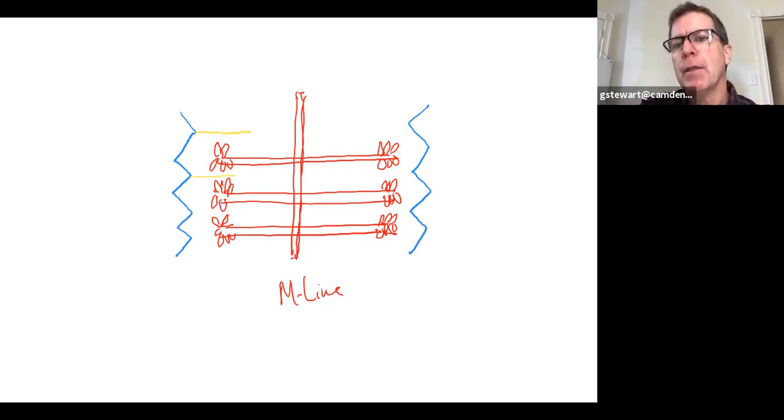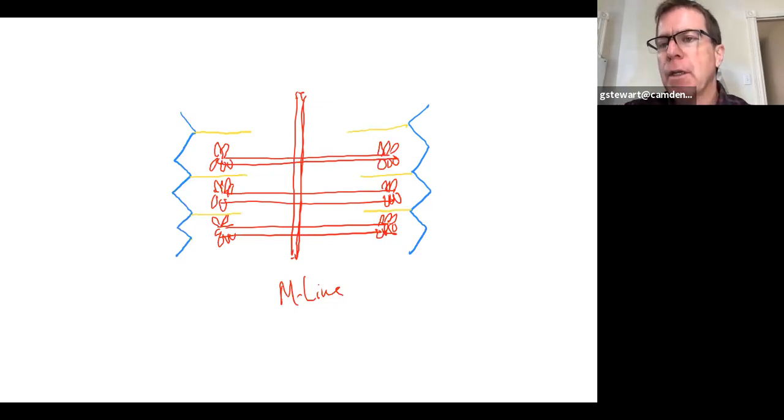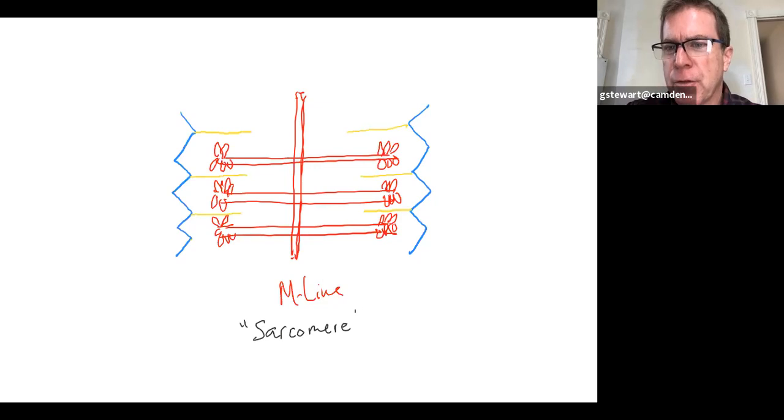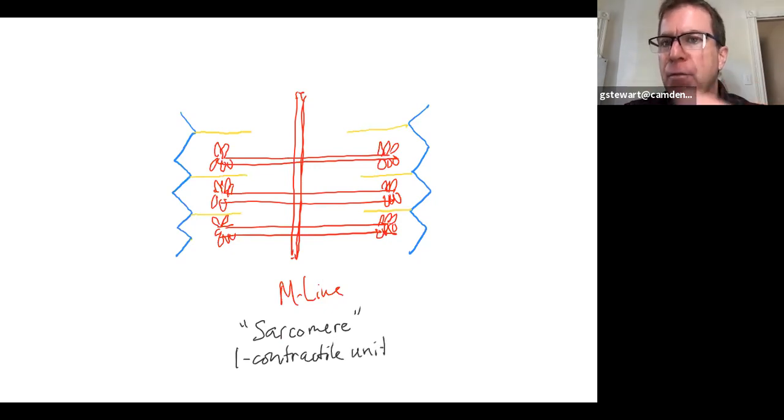These are the actin molecules that are associated with the myosin molecules. And what I've drawn here is called one contractile unit, called a sarcomere. This word sarcomere refers to one contractile unit of myofilament arrangements.